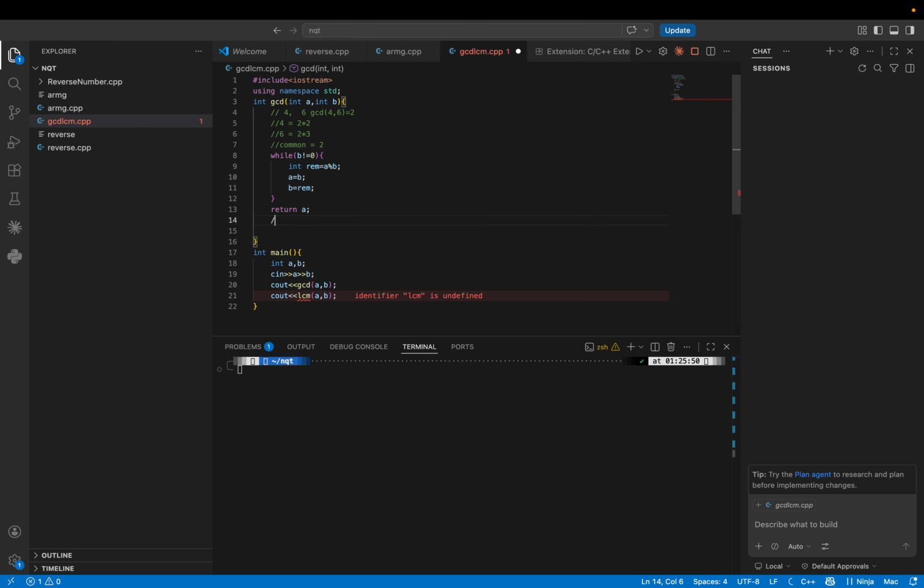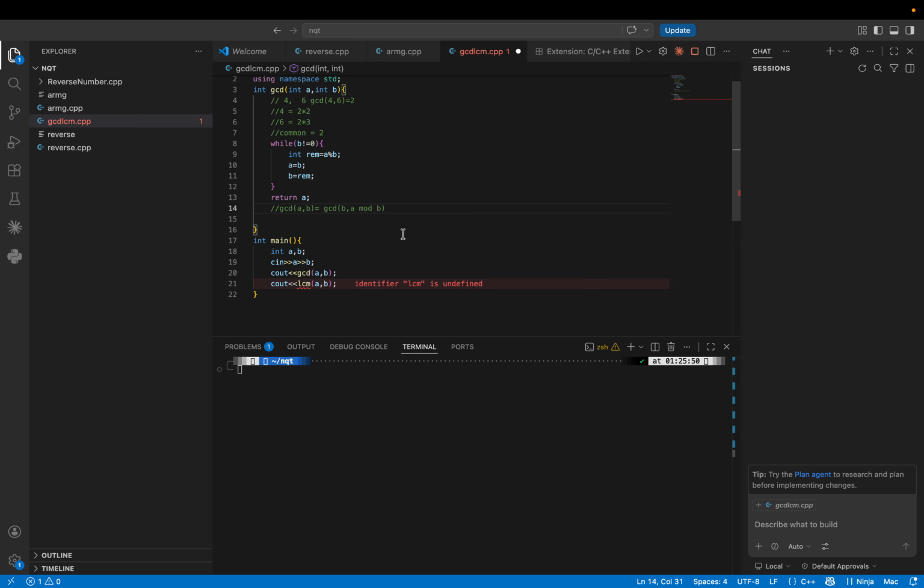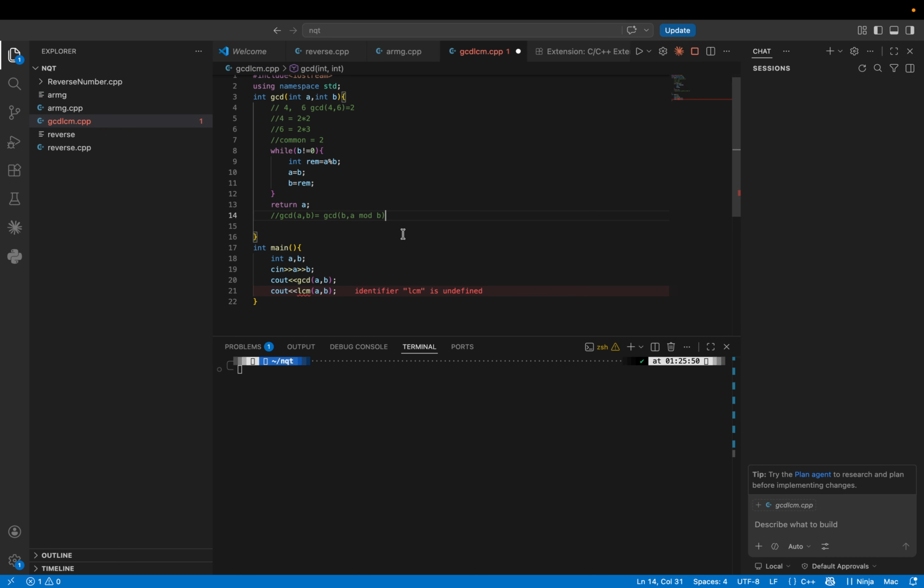Now I think I got the basic idea: GCD of A, B is always GCD of B, and A mod B. We keep on repeating till our B is 0.